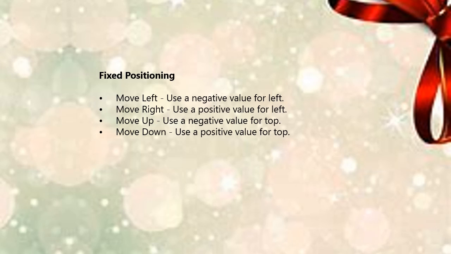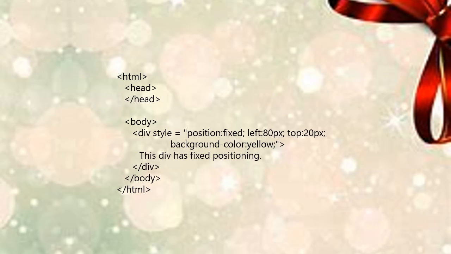Move left, use a negative value for left. Move right, use a positive value for left. Move up, use a negative value for top. And move down, use a positive value for top.